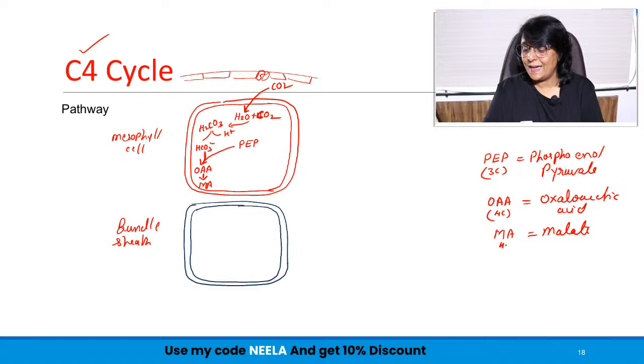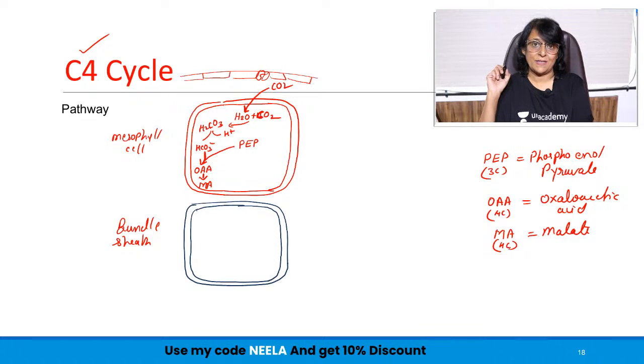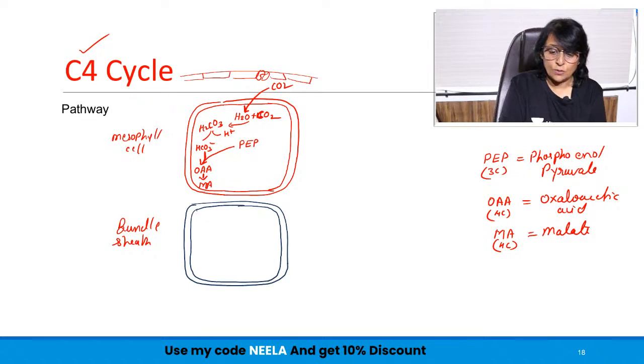This malate is also a 4-carbon compound, and this malic acid is capable of diffusing into bundle sheath cells.